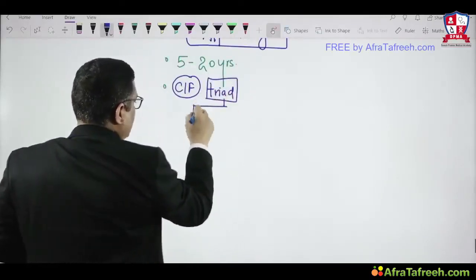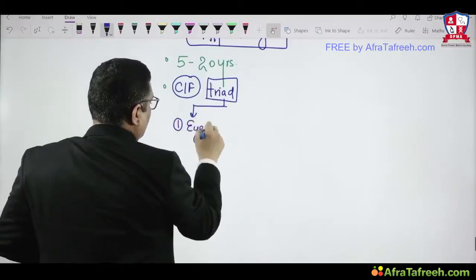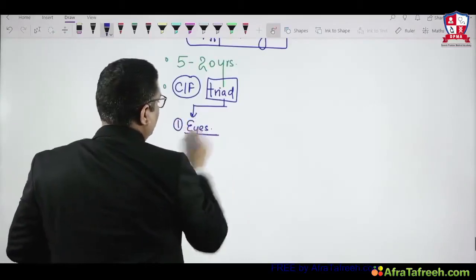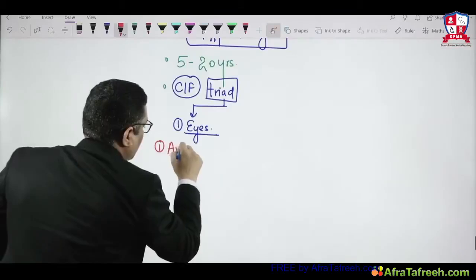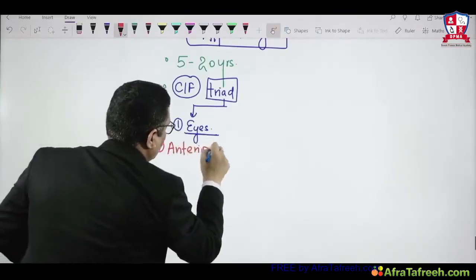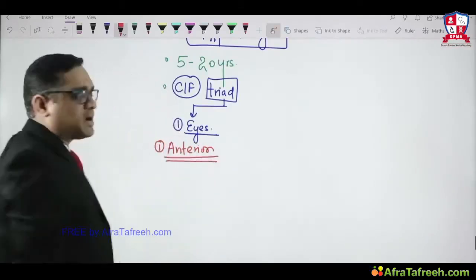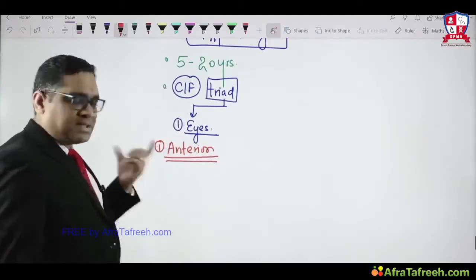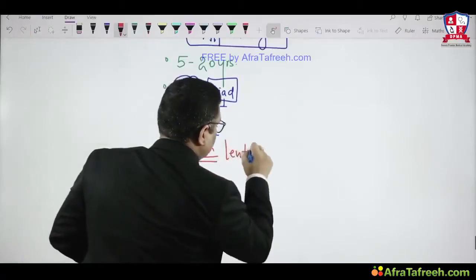What are the triad? Number one, in their eyes. In their eyes, what is the problem we are going to see? In eyes, you will see anterior lenticonus, which was the question in All India 2015. Remember, it is anterior, not posterior, and that was the question. Lenticonus is anterior, right? Conical lens, anterior lenticonus.